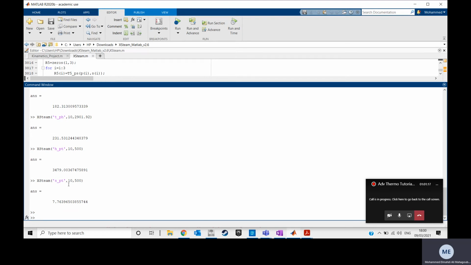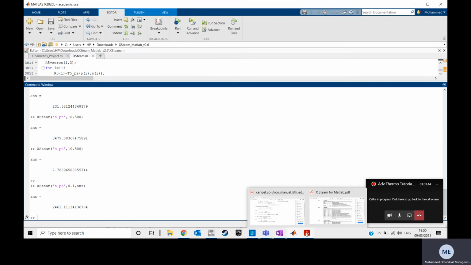Now let me get the H there, when I have the pressure, which is 0.01, and the entropy. There you have it. It gave you the H when you have the pressure and the entropy, which is 2461.